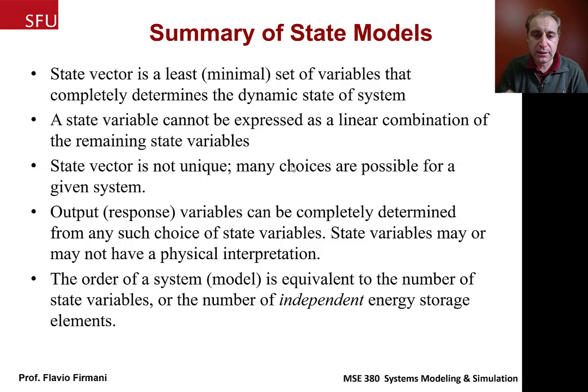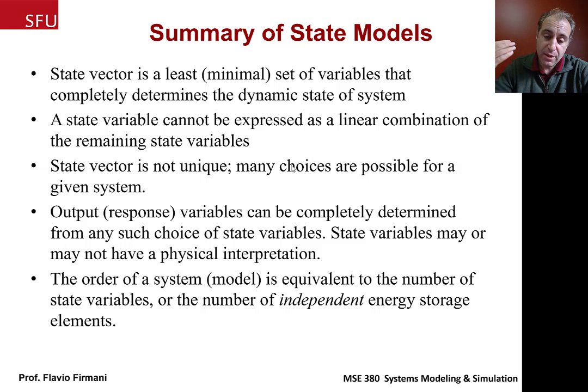or two springs that are connected in series or in parallel, or two masses that are attached. That's the same as a single mass, a unique mass. So that's something that you have to keep in mind. Then, the state vector is not unique. There are many choices that you can have.